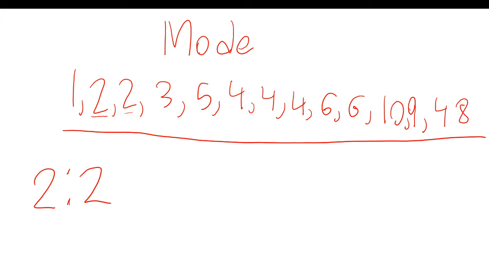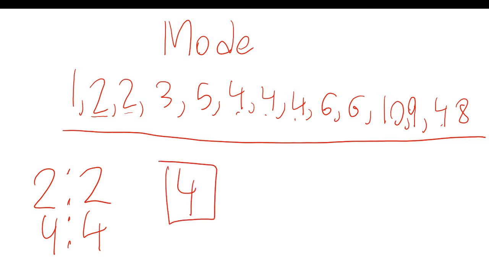I see 4 might be the mode. 4 occurs 1, 2, 3, 4 times. 3, no. No other value repeats more than 4, so the mode is 4, and that's how you would find the mode. There's no quick trick to do it. But that's how you would find the mode. Now, let's move on to range.